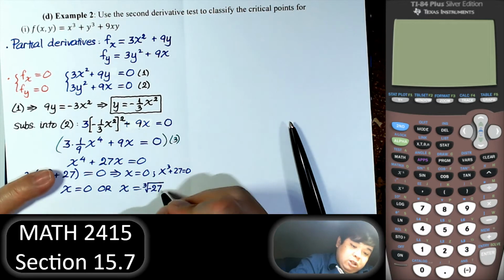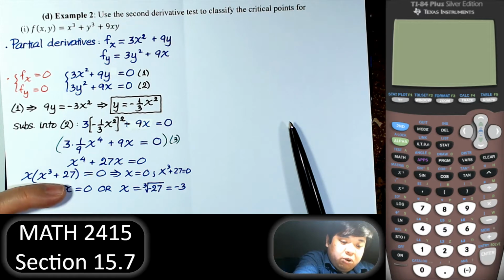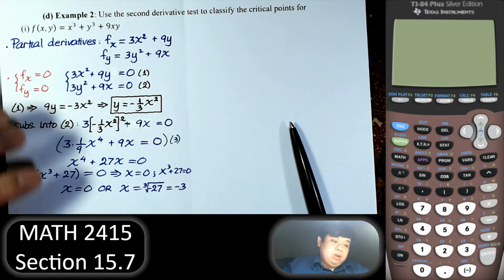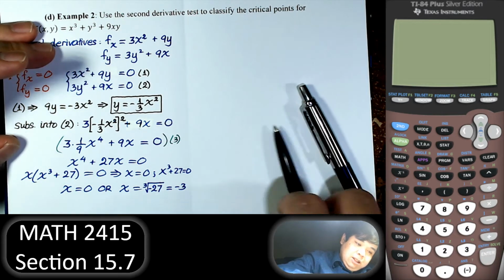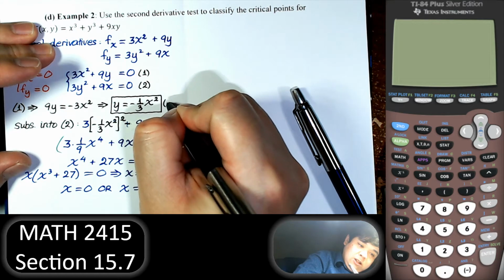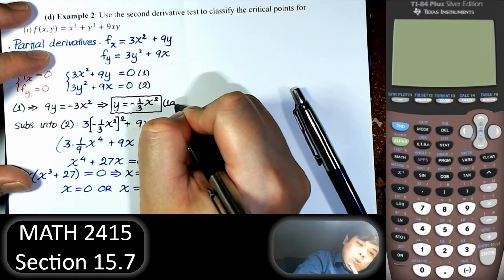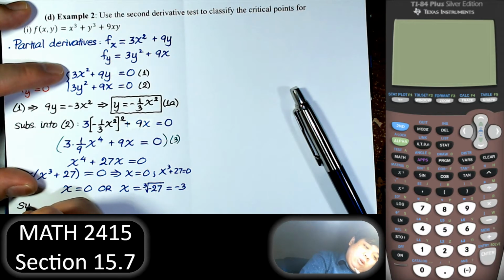So this is negative 3. So we have 2 scenarios, x equal to 0 and x equal to negative 3. And we can substitute it back in there. Now substitute back into this, which is also from equation 1, so let's say 1a. So sub into 1a.